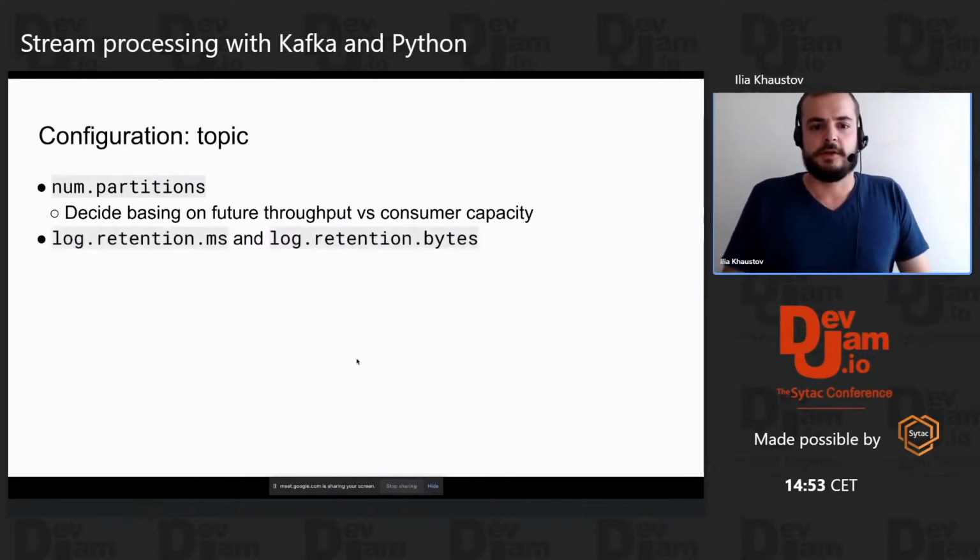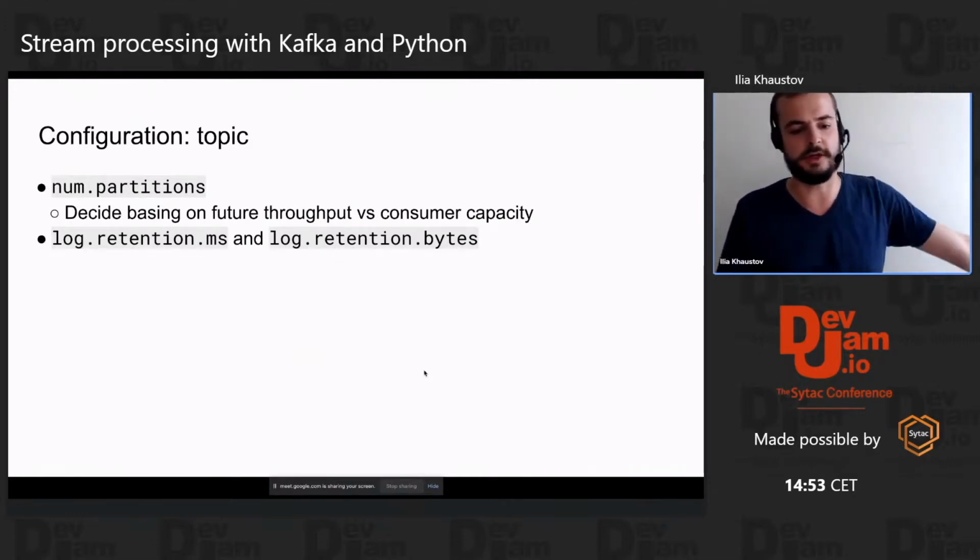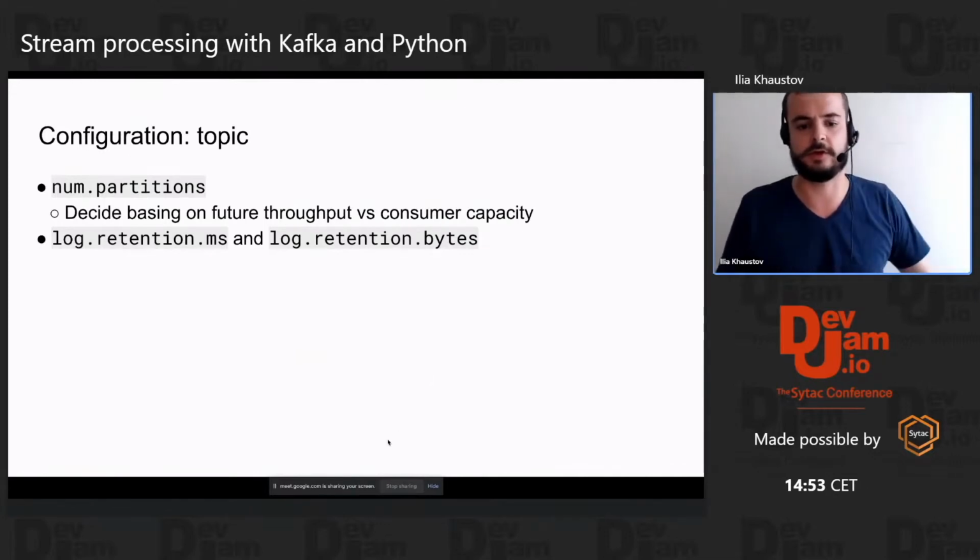Next thing is retention. Retention is a very important feature of Kafka. As I said, it's a short-term storage of data, and data from last year may not be so relevant. It's already aggregated somewhere and kept in that warehouse, so you don't worry about it. So it has to be rotated and deleted.